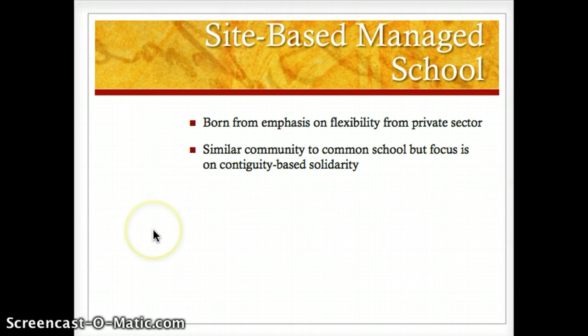It's what the authors call the site-based managed school. With this type of schooling, there's an emphasis on flexibility, especially from the private sector, and similar to the common school, it celebrates solidarity, focused more on what the authors call contiguity-based solidarity.